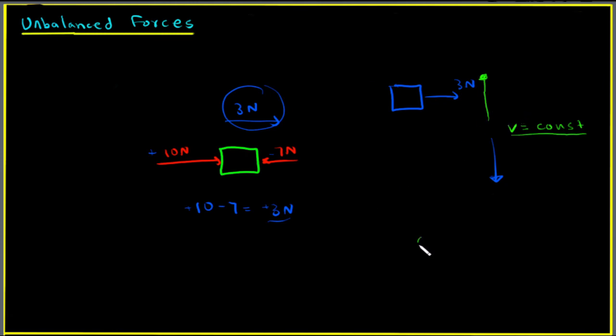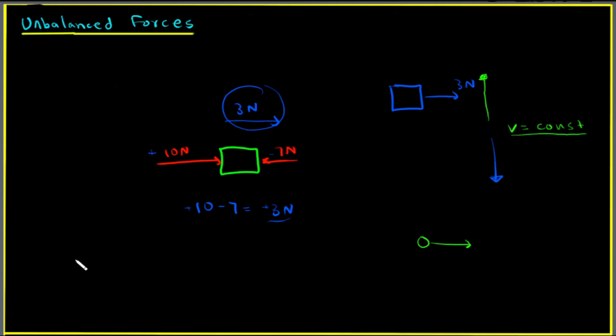Similarly, if you see something moving with any acceleration or deceleration, we call that thing to be under the influence of unbalanced forces. So if you're playing cricket or tennis and you hit a ball and the ball seems to be accelerating or decelerating, that is the case of unbalanced forces. But if the ball is moving at a constant velocity, that means the forces acting in the opposite directions are balanced, and that would be the case of balanced forces, right?